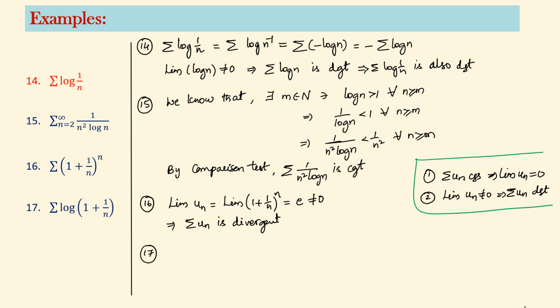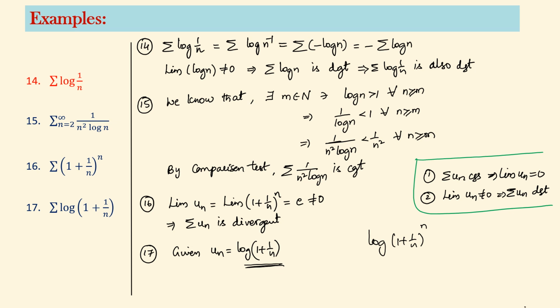And the last one, 17th one. So given un is log 1 plus 1 by n. So by looking at this, if there is n in the power of 1 plus 1 by n, by taking limit, this will become e. So we try to get n in the power of 1 plus 1 by n.